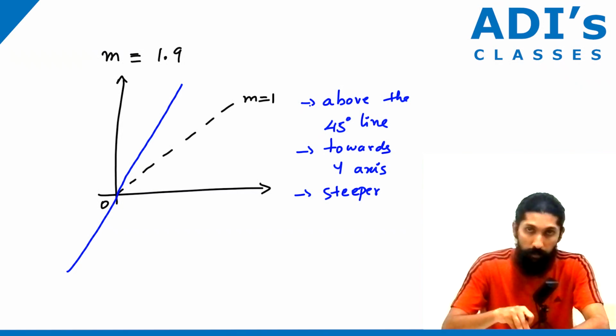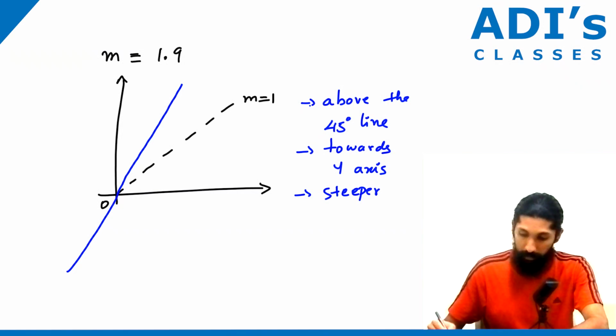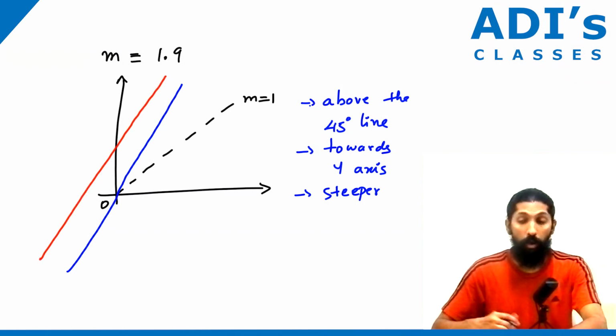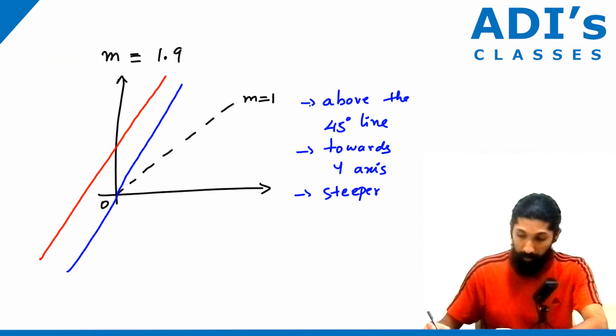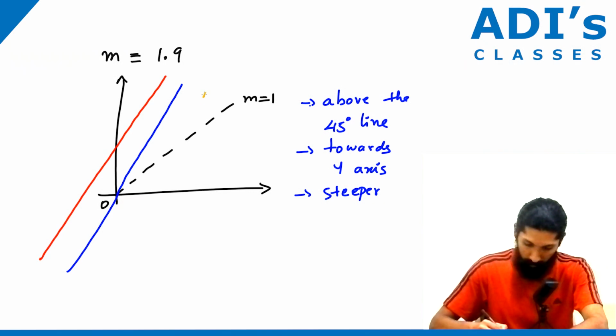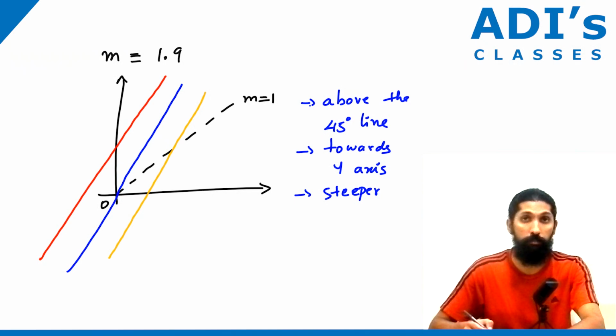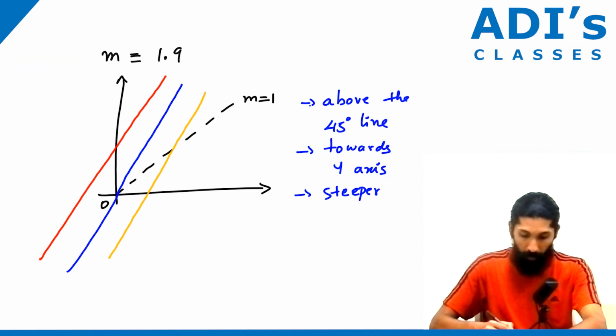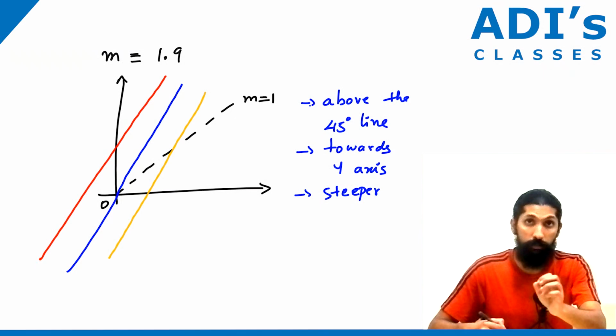Why am I specifying that orientation again and again? The reason is the line can be something like this, correct? Or the line can also be something like this. Or something like this also. Even this can also be the line. So here, all the three lines have the same orientation.